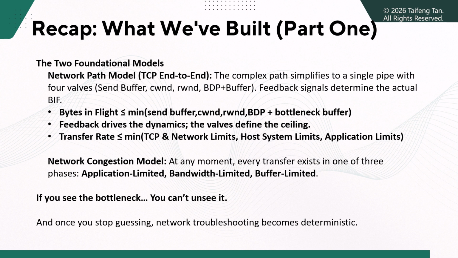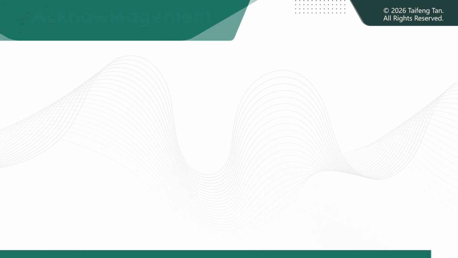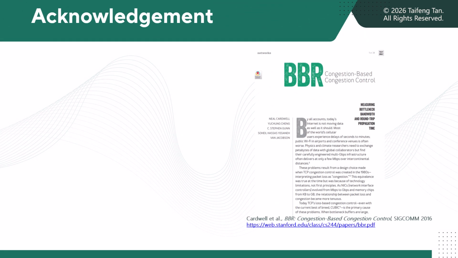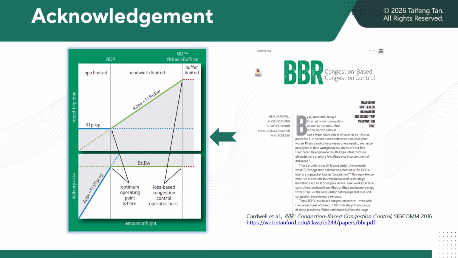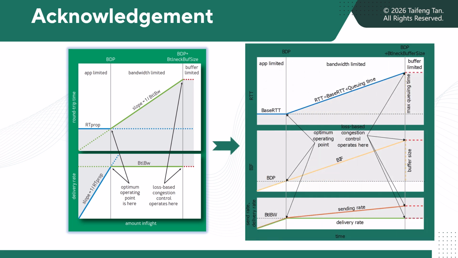These two models, the network path model and the network congestion model, are your foundation. They are how you truly understand what congestion and bottleneck actually mean. These two models were inspired by the original BBR paper from Google's BBR team, combined with the practical visualization tools in Wireshark and its measurable parameters.